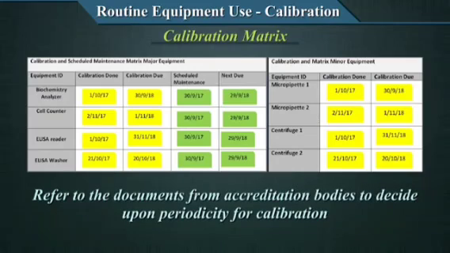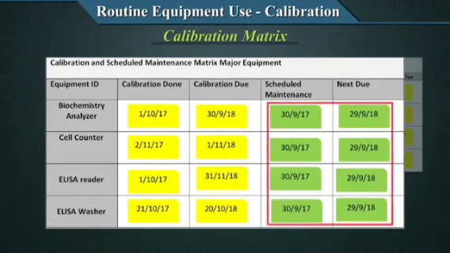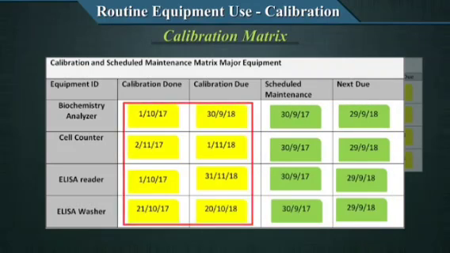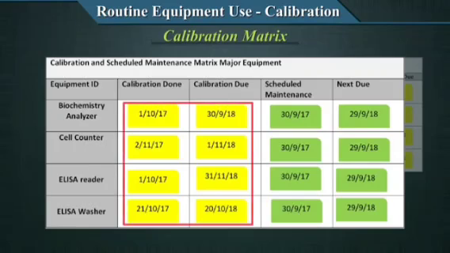You need to refer to the documents from accreditation bodies to decide upon the periodicity of calibration. So again, if you look at this, you see the green ones are for the scheduled or major maintenance, and the yellow for the calibrations done and calibrations due. And such a matrix is a very handy mechanism of alerting and understanding the calibrations.